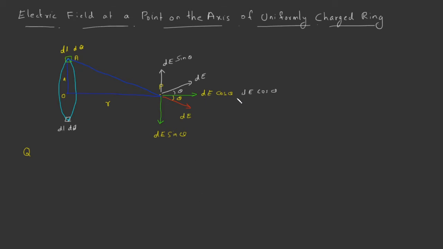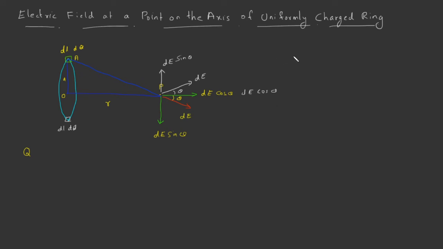So we only need to calculate dE cos theta and then integrate it within limits to get the electric field at this point P due to the uniformly charged ring.